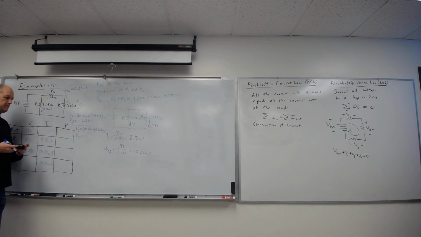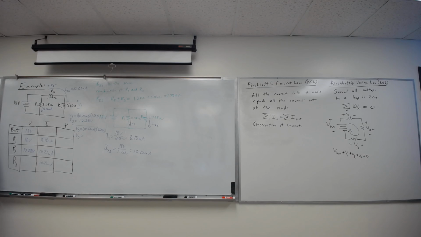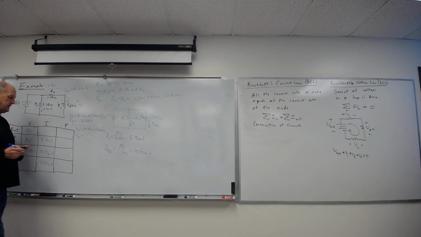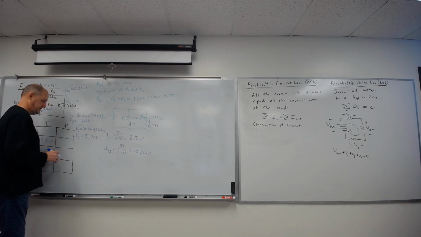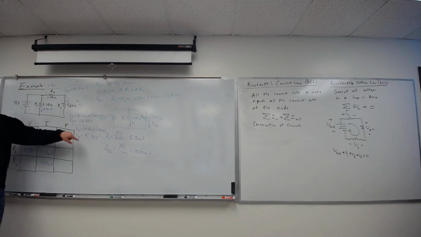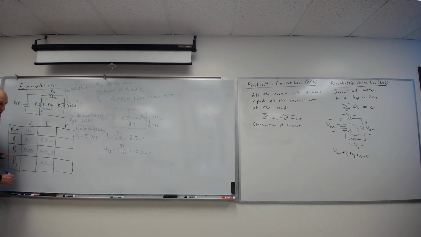So I need to convert my milliamps to amps as I'm going, or my ohms to kilo ohms. And I get 5.73 volts. These two should add to 18, which they're going to look like 18.01. Questions so far? Doing good?